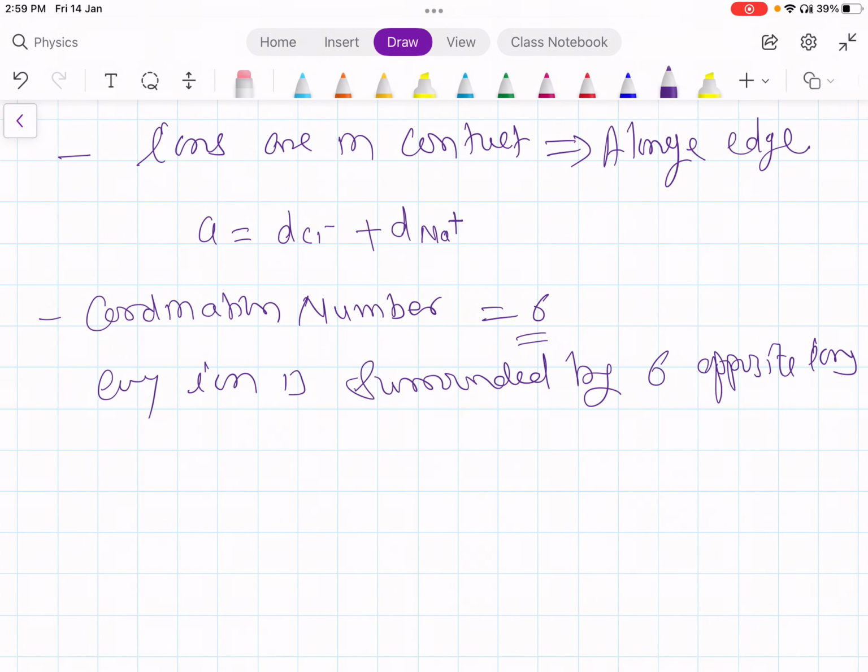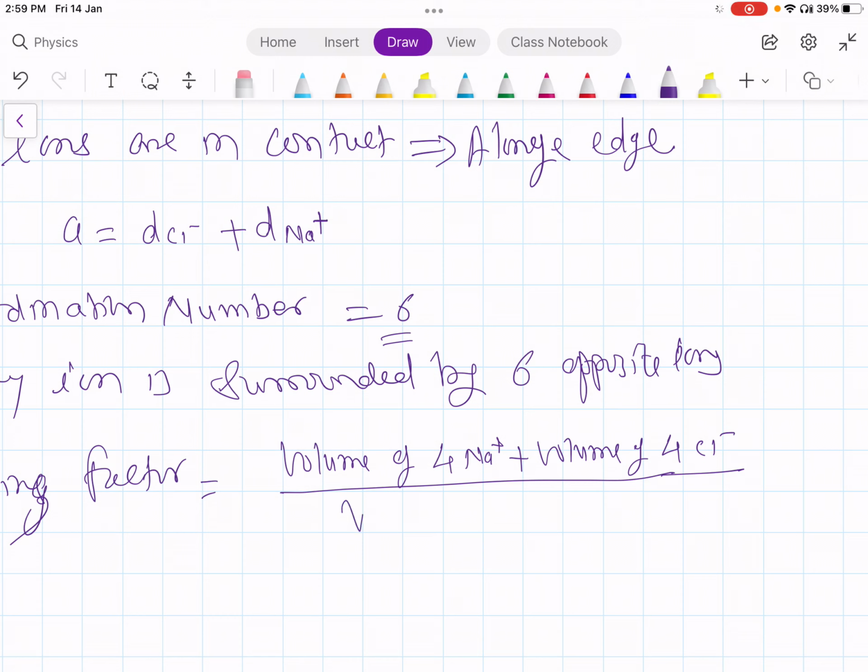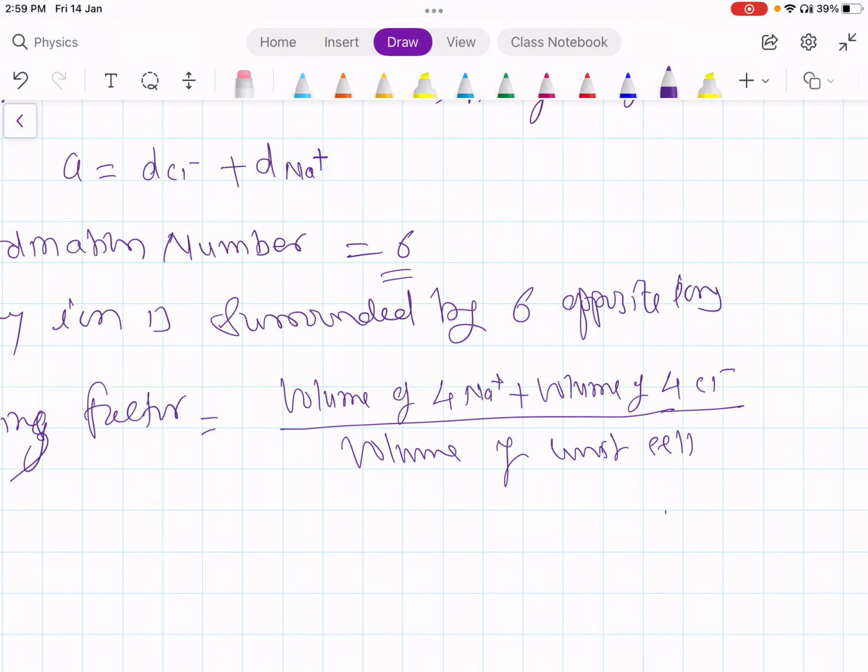Then let's find the packing factor. To find the packing factor, we know in this unit cell there are 4 sodium and 4 chlorine. So in this case, it's the volume of 4 sodium ions plus volume of 4 chlorine ions divided by volume of unit cell. Volume of the sphere in terms of diameter is pi by 6 diameter cube.